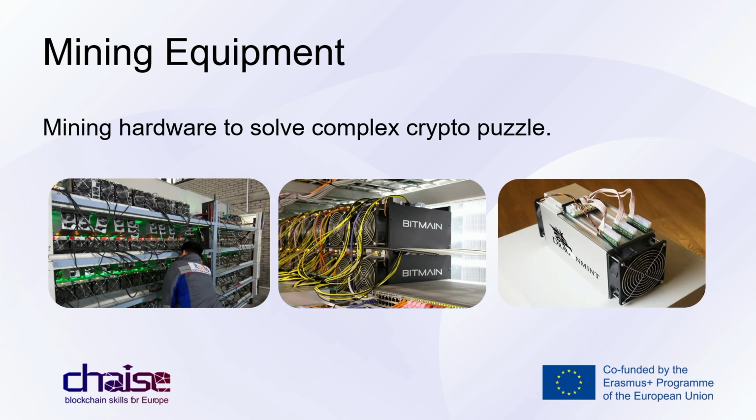For instance, when a miner or pool of miners discover a block, they are rewarded with cryptocurrency such as Bitcoin. Because these machines consume a large amount of power, Ethereum transitioned to proof of stake consensus, which does not need mining or specific mining equipment.